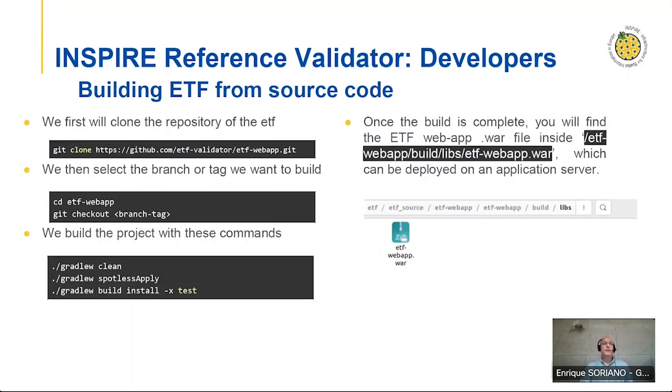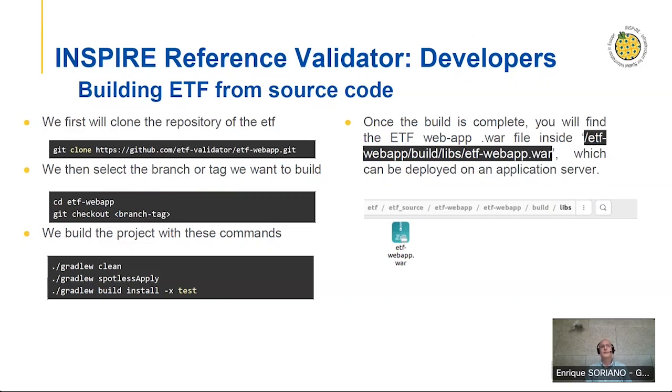Then we are moving in this developer part on how to build the ETF from the source code. As we have commented before, the ETF is available in a public GitHub repository. So it follows a standard procedure in order to download the data, which is cloning the repository.